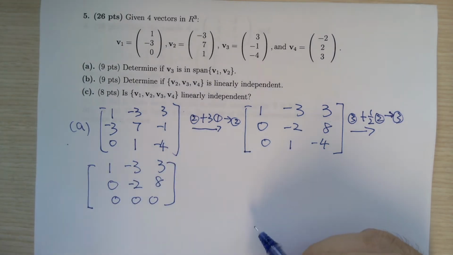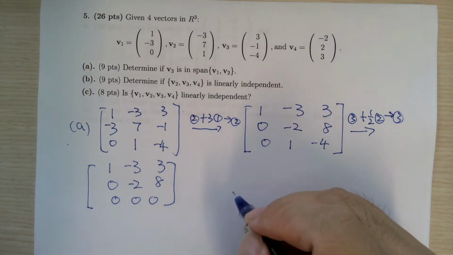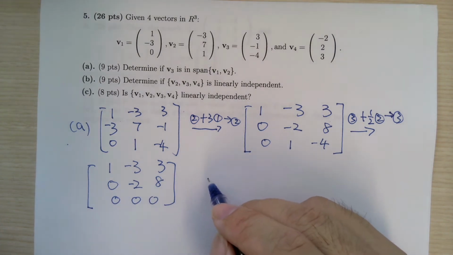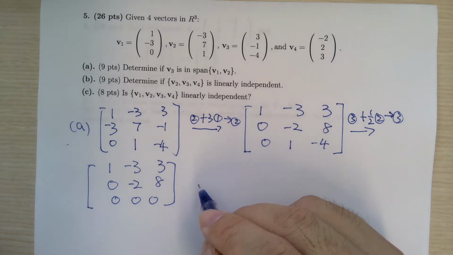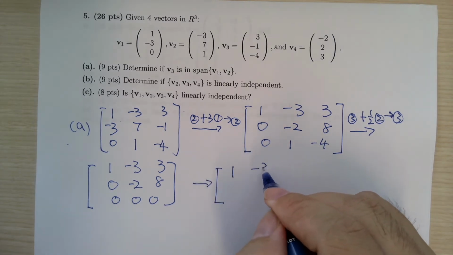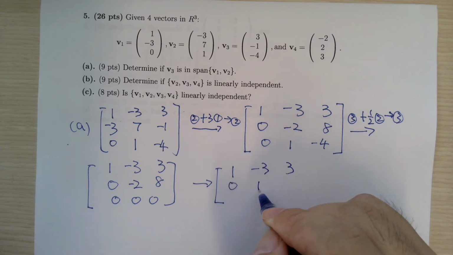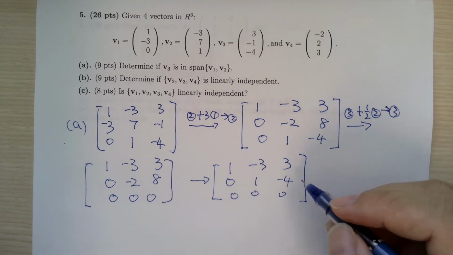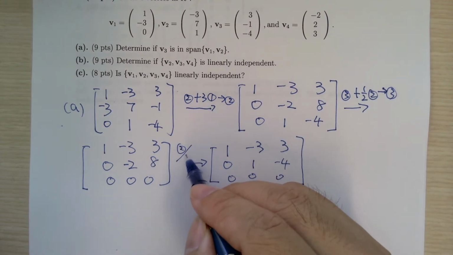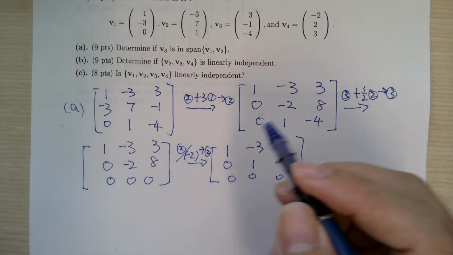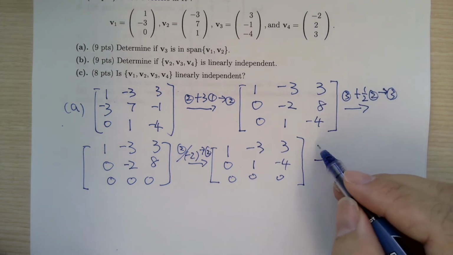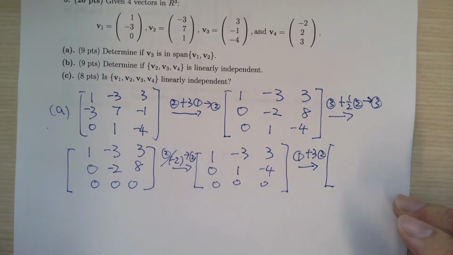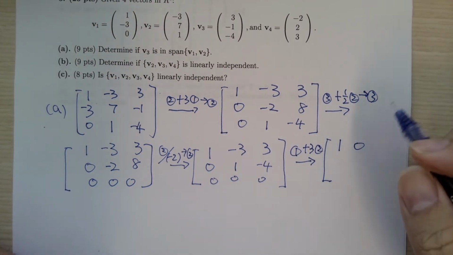After here, we can solve this easily. If you do one more thing, it's 1, -3, 3, 0, 1, -4, 0, 0, 0. Just use row 2 divided by -2 as the new row 2. And then you can use row 1 plus 3 times row 2. That will give you 1, 0, right?